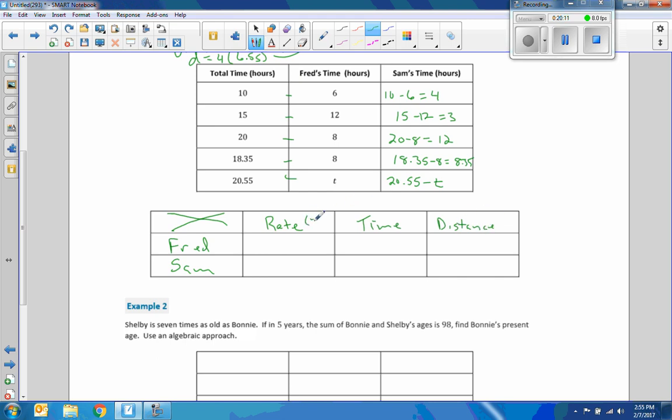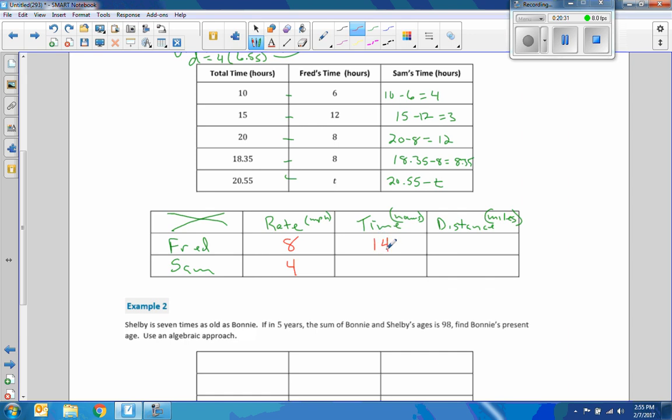So this is miles per hour. This is hours. And this is miles. Okay. So Fred's rate was 8 miles per hour. Sam's was 4 miles per hour.